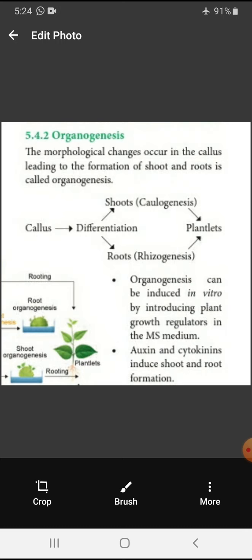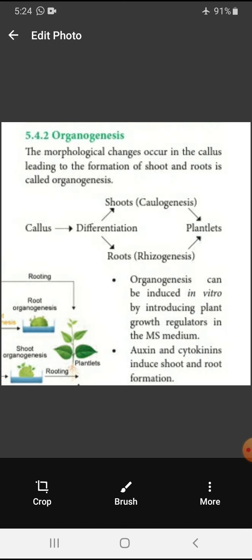Organogenesis develops only from the callus, when the callus undergoes differentiation. The callus which differentiates into shoot is called caulogenesis, and the callus which differentiates into root is called rhizogenesis. Both root and shoot develop into plantlets. Now, organogenesis can be induced in vitro by introducing plant growth regulators in the MS medium.